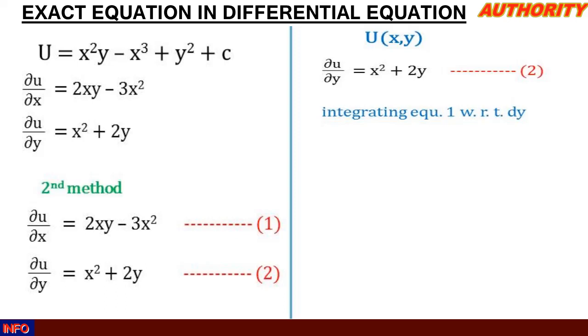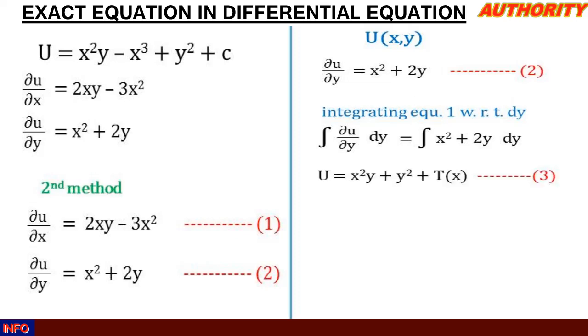Okay, good. Now let's go. That means we're going to have the integral of the partial derivative of u with respect to y, dy, equal to the integral of x squared plus 2y in brackets, dy. On the left hand side, when we take the integral, it takes away the derivative and gives us the function, which is u. On the right hand side, when we integrate x squared with respect to y, it gives us x squared y, because integrating a constant introduces the variable to it.